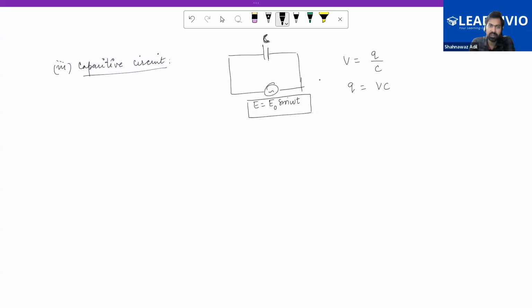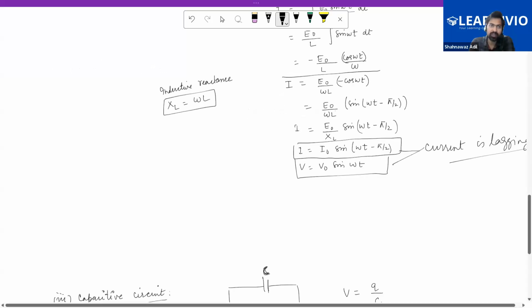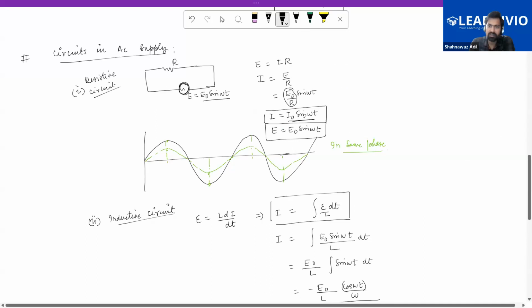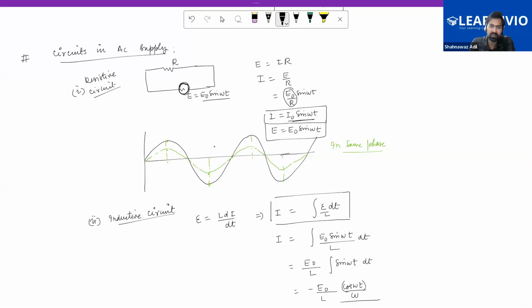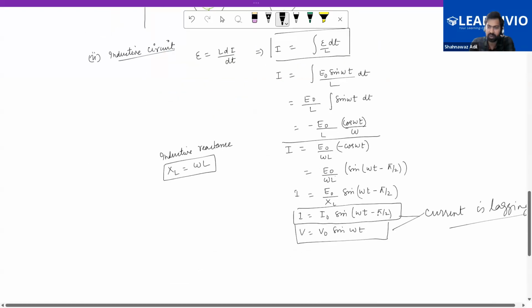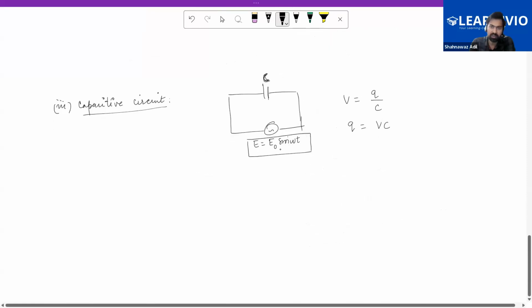So in the earlier class, we talked about the resistive circuit, right? Which has zero phase difference, and then we have the inductive circuit, which has a phase lag of pi by 2. And now we are talking about the capacitive circuit.